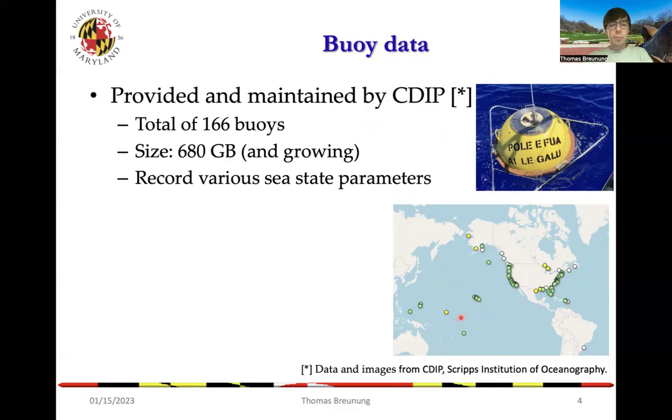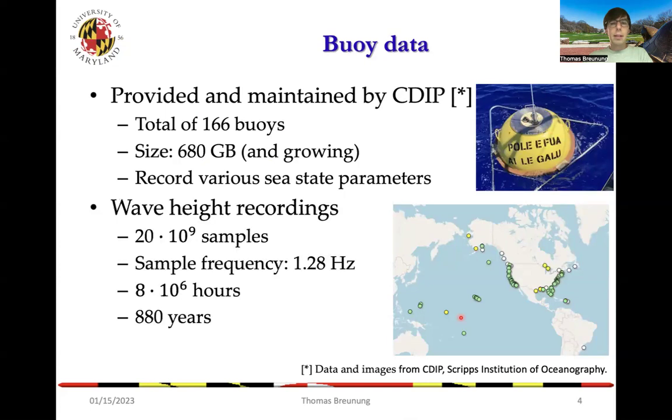Those are used to record various sea state parameters, but also sea surface elevation, which we are after. A nice thing about this data is it has a sampling frequency of about 1 Hertz, which is enough to resolve individual waves, since wave periods are in the second range. If we are after forecasting extreme waves, we need to resolve individual waves.